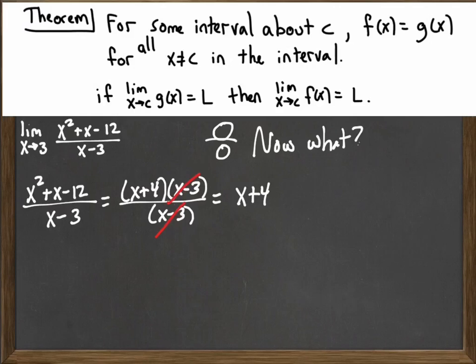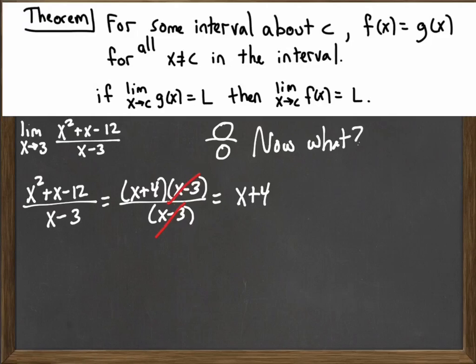You see, this thing over here is not defined when x is equal to 3, but this thing over here is. So we cancel out x minus 3 over x minus 3, and that's okay. We can do that as long as x minus 3 is not 0, because we can't cross out 0 over 0.